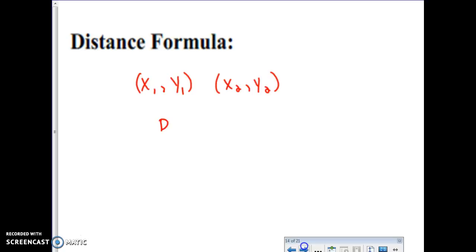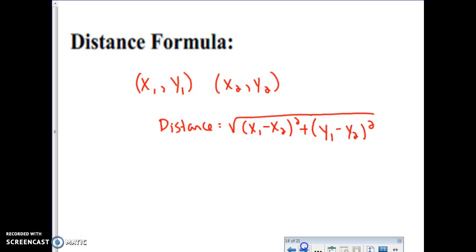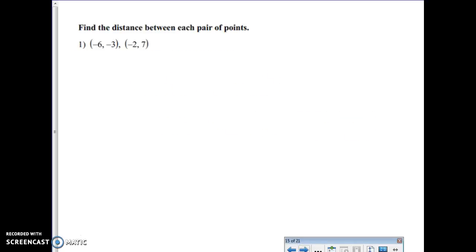And I'm going to say that the distance is equal to the square root of the difference of the x's squared plus the difference of the y's squared.